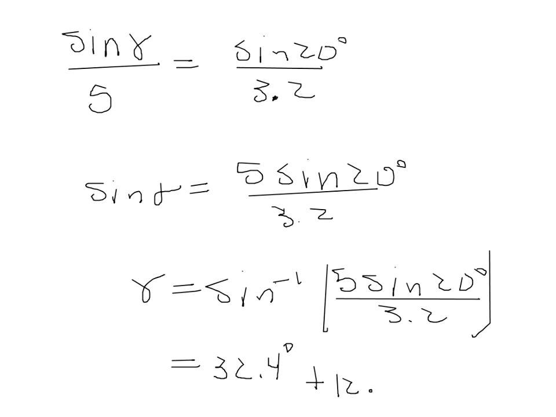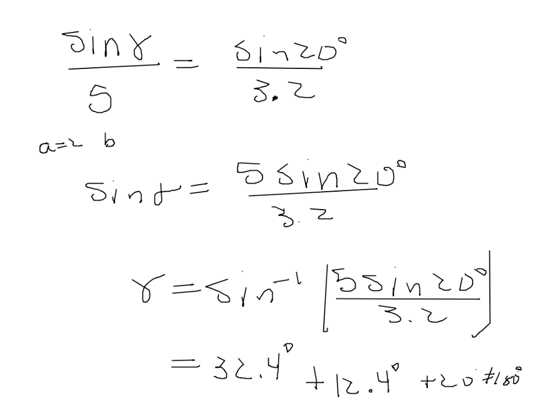Now, let's add these up. This doesn't quite seem big enough. 12.4 and 20 and 32.4 is definitely not equal to 180. One of these is going to have to be an obtuse angle. Now I look here: I have three sides.